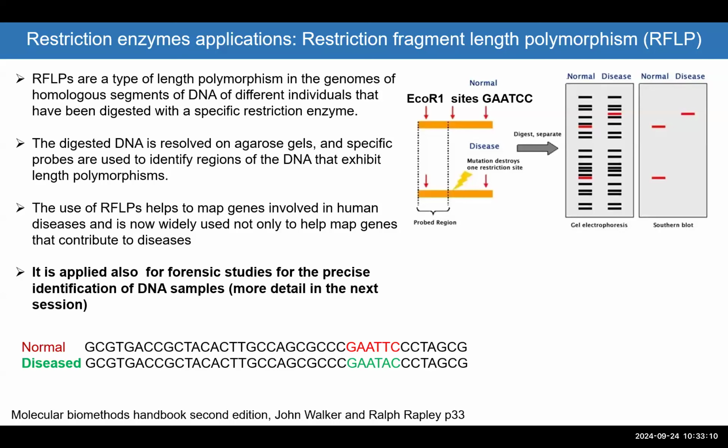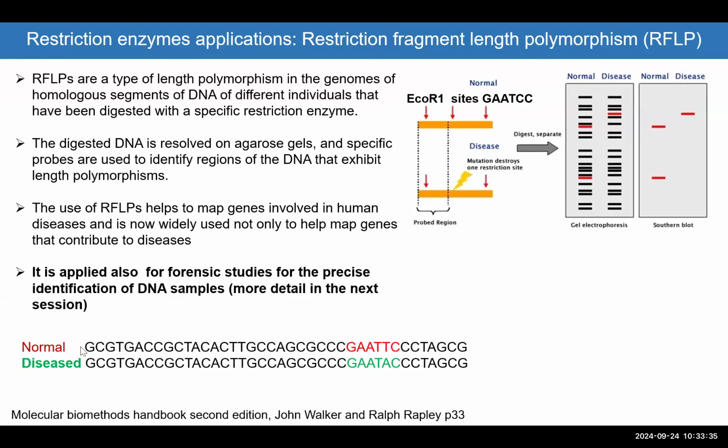So we took the DNA from a normal person and a person who is acquiring a disease, and then we digested it with EcoR1 enzyme, and then we ran the digested material on agarose gel, and then we did the transfer, and we looked at the bands we are getting using these types of probes.